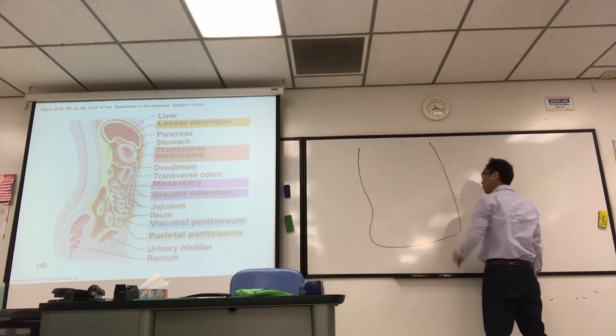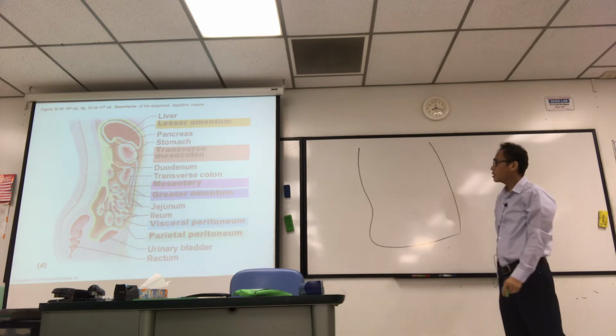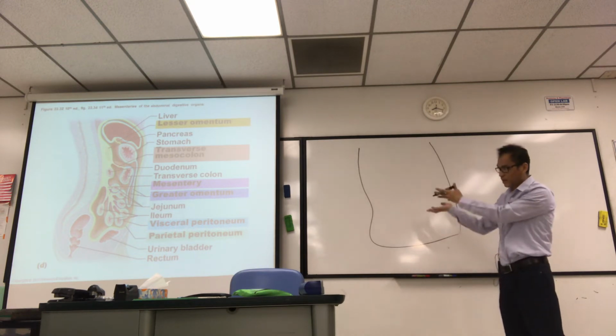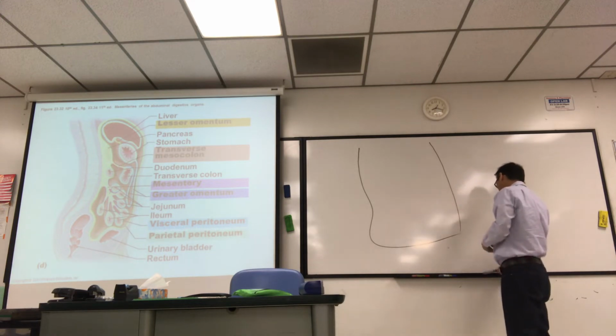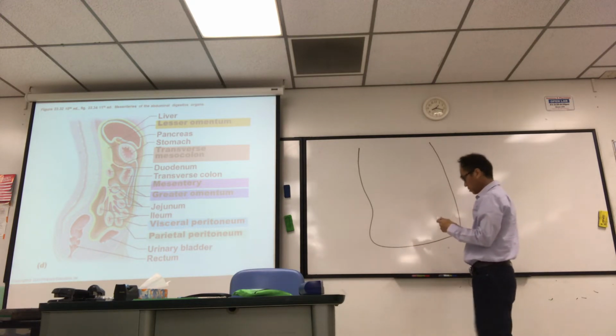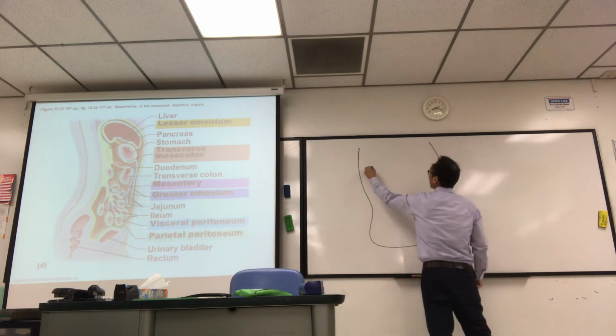So I can get a little sketch. I'll make it a little bigger so I can draw. If this is the sketch of that, I would draw some of the intraperitoneal organs like liver.